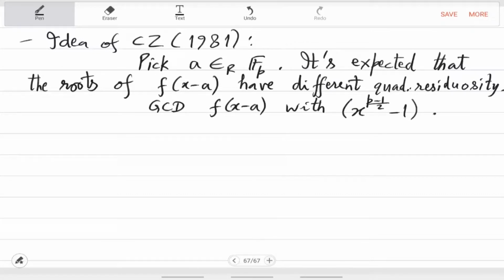Because of the property you saw before, any square has to be a root of this, and this has exactly p minus 1 by 2 roots, so its roots cluster all the squares.